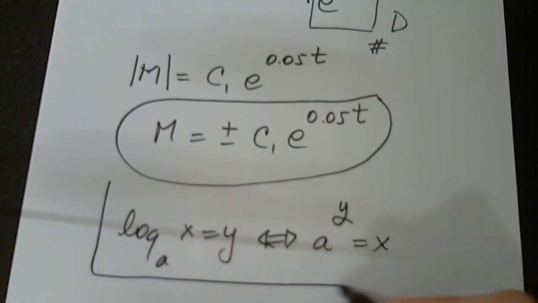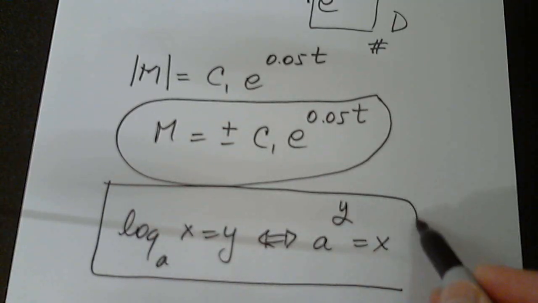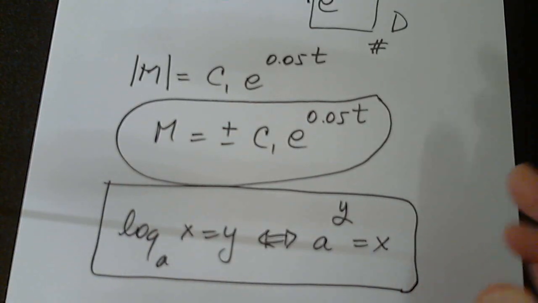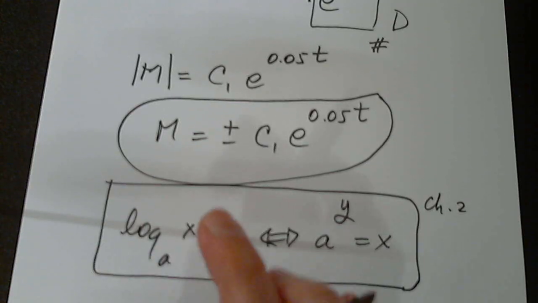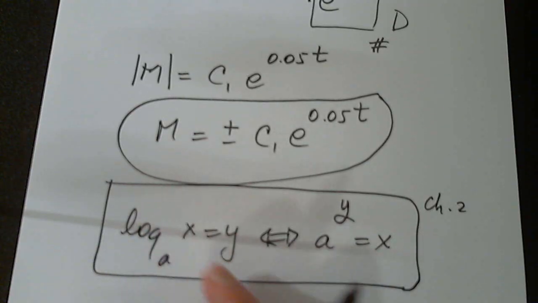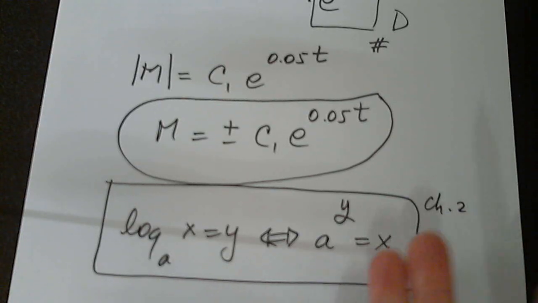So this is from chapter 2. It's from algebra. This is from a long time ago, but we reviewed it in chapter 2 when we talked about exponentials and log. So if I have a log equation, I can convert it into an exponential. If need be, I can convert the exponential back into a log.